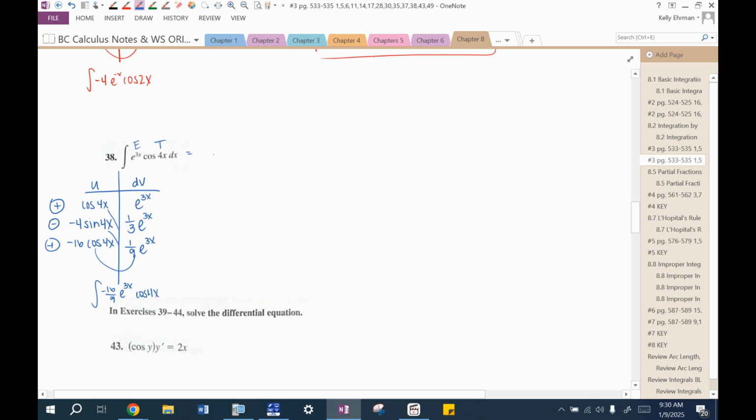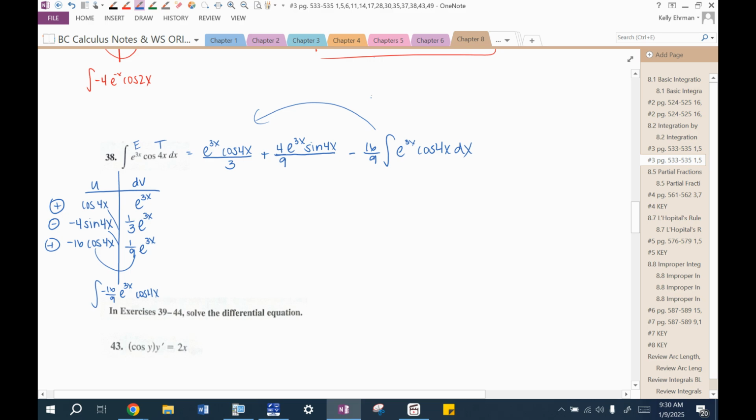Okay, so this is e to the 3x cosine 4x over 3. And then minus negative, so plus 4 ninths e to the 3x sine of 4x. Minus 16 ninths times the integral of e to the 3x cosine 4x dx.